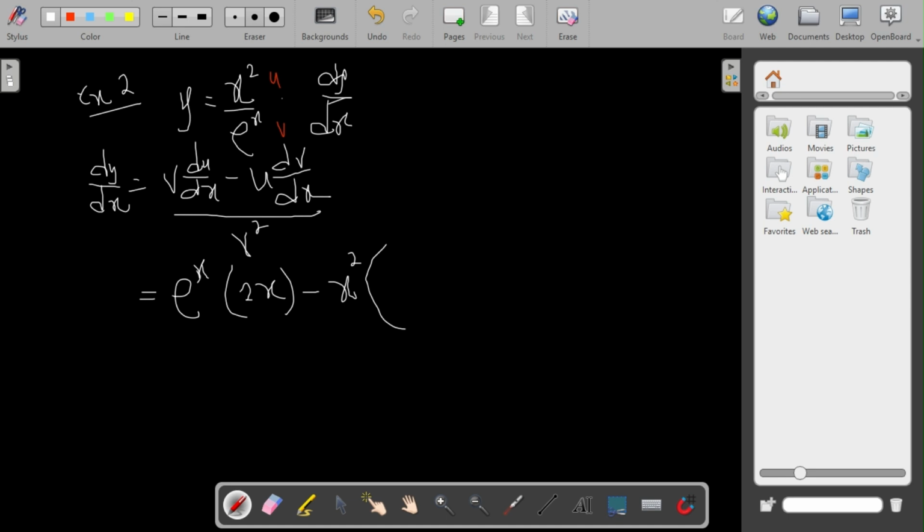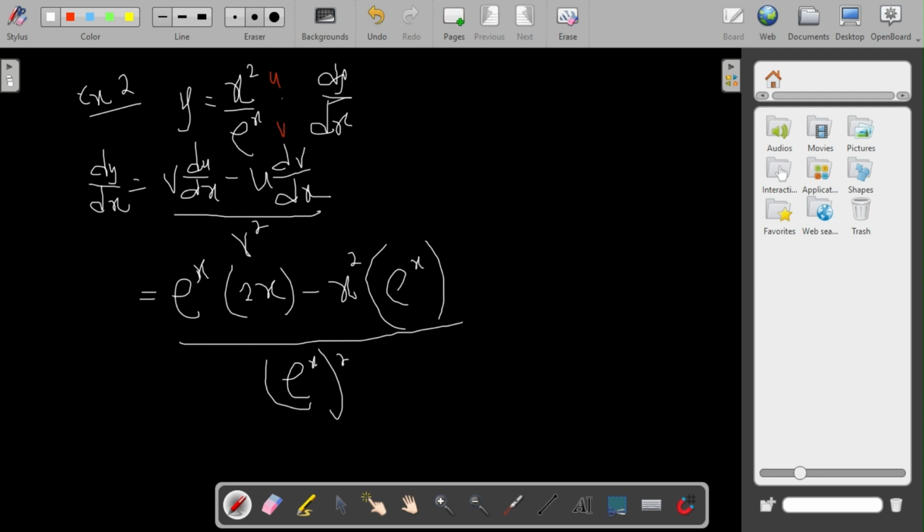Now, you have dv/dx, but your v is what? e^x. So dv/dx will be e^x. Over, what's your v squared? You're having a v squared, so that's e^x all raised power 2.